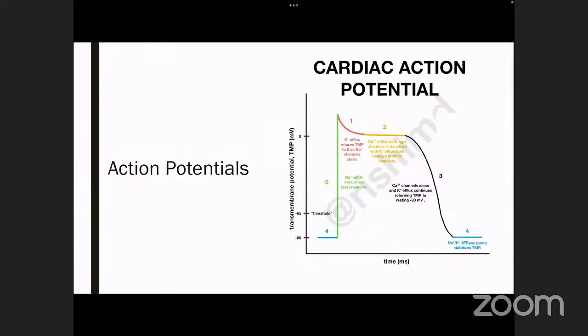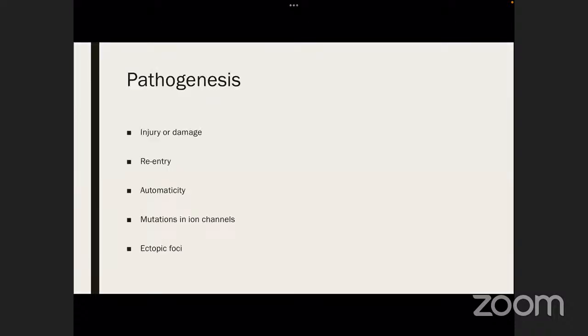After that, follows the calcium closure, leading to potassium efflux, and then the sodium potassium ATPase pump to stabilize the membrane. For the pathogenesis, it could be due to either injury or damage, re-entry, automaticity, mutations, or ectopic foci.